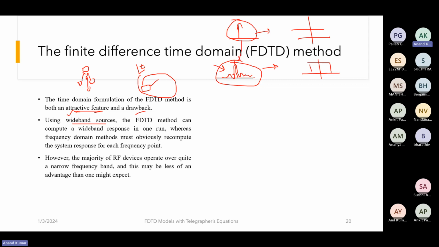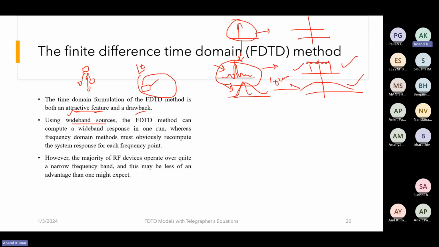The nearest one is this thing. If you provide a very short Gaussian pulse, it can also translate to a very wideband Gaussian pulse. So if you use these kinds of excitation, you can easily get wideband results using FDTD in just one run. While in the case of the frequency domain method, you will have to simulate for each particular frequency. So this is a great advantage for using this particular method.